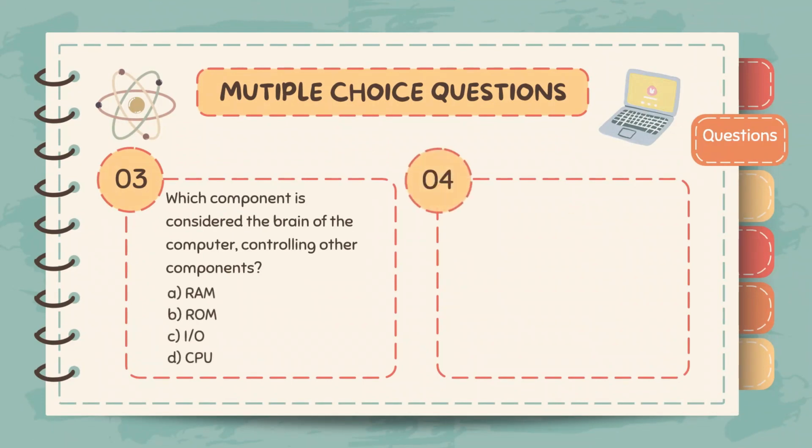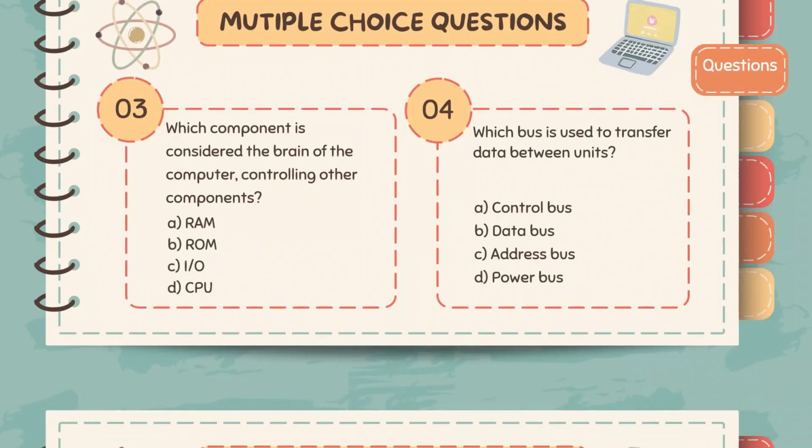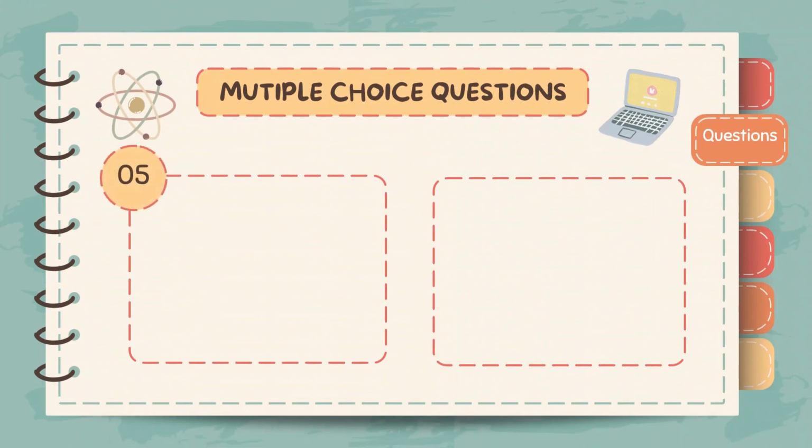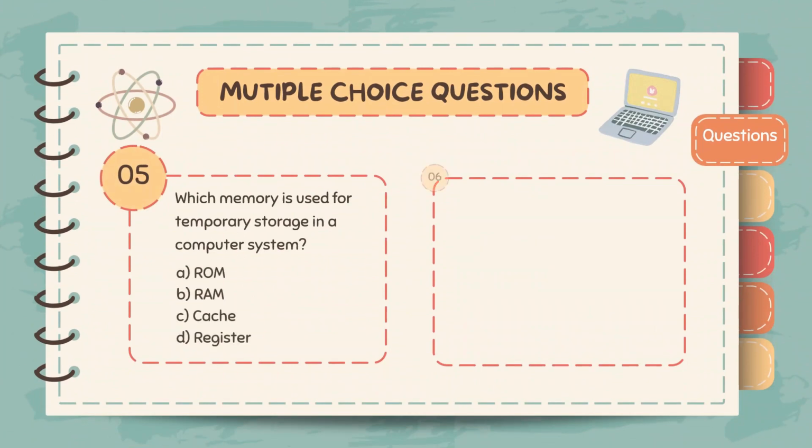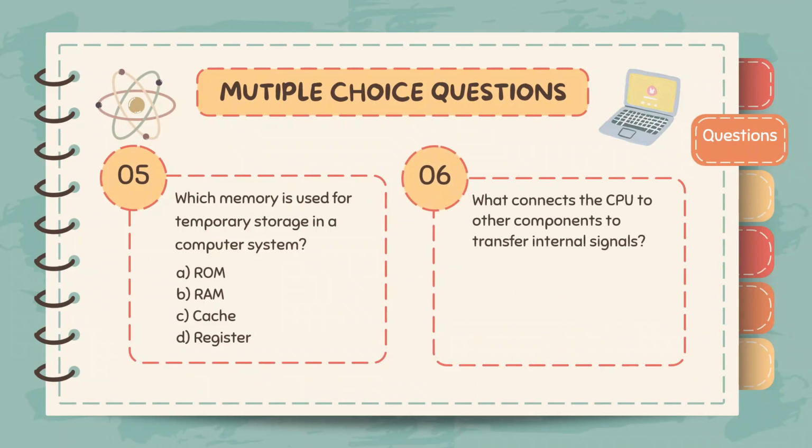Question 4. Which bus is used to transfer data between units? Question 5. Which memory is used for temporary storage in a computer system? Question 6. What connects the CPU to other components to transfer internal signals?